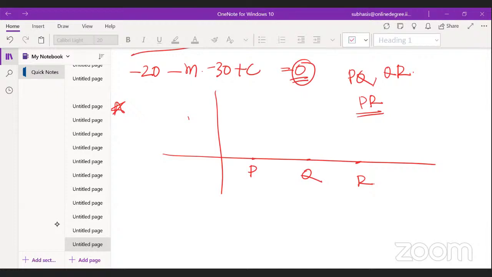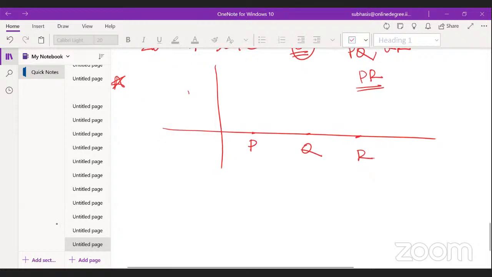Okay, if it is in order, see, that order is also not a problem. Suppose they are not in order.